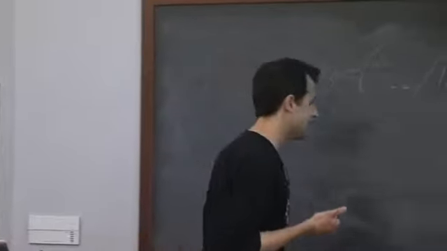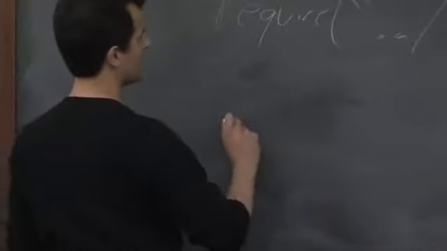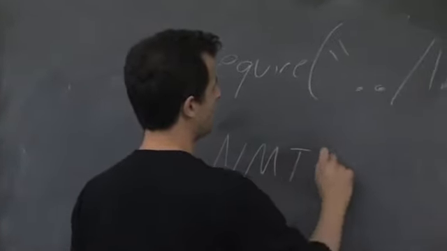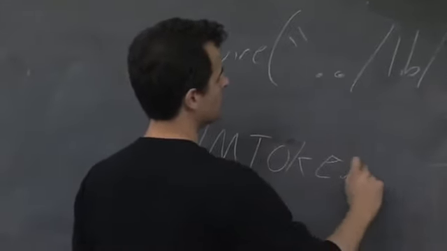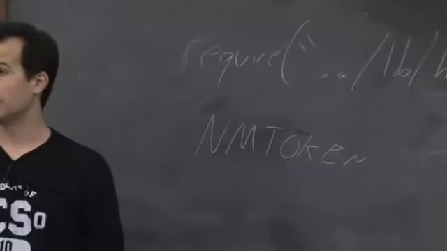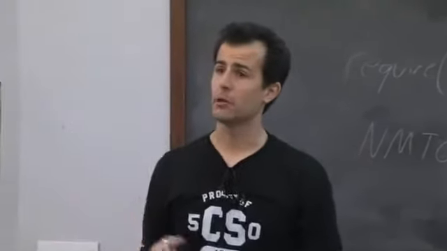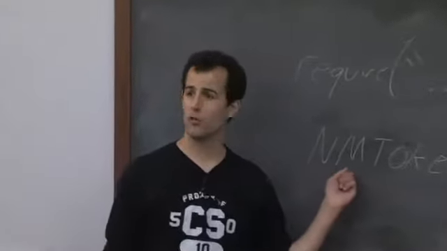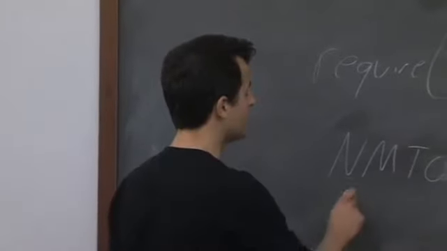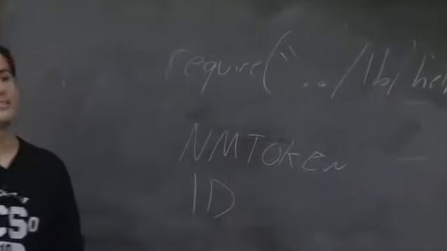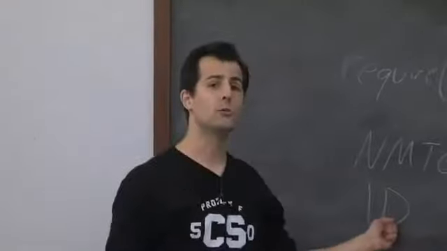And there are certain data types, there's not that many in DTDs. There's something called an NMTOKEN, a name token. So when we've been discussing what an attribute name can be, what an element name can be, we're actually talking about a data type called this, name token. There's another data type called ID, which by definition of XML must be unique in a document.